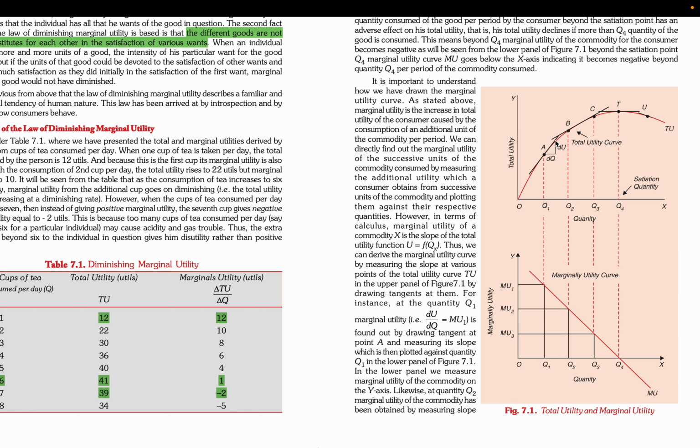This comes from this slope, MU1, dU/dQ. In the lower panel, we measure marginal utility of the commodity. So this is basically giving you the total utilities. Then you draw tangents to them, find out the slopes at each point, and then you plot those slopes here, and we get a negatively sloping curve.